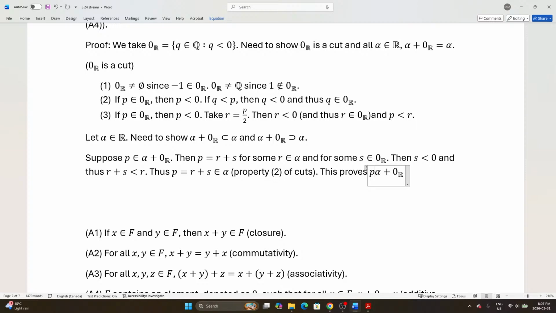This proves the first direction: alpha plus 0R is a subset of alpha.